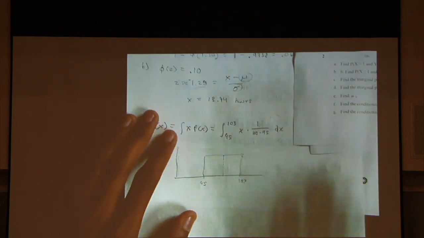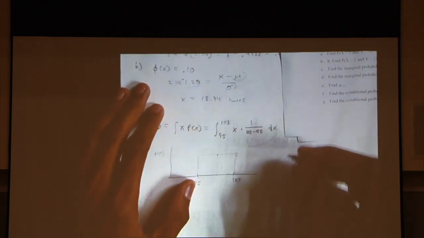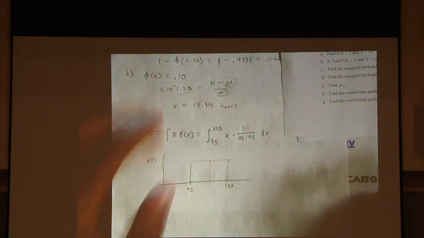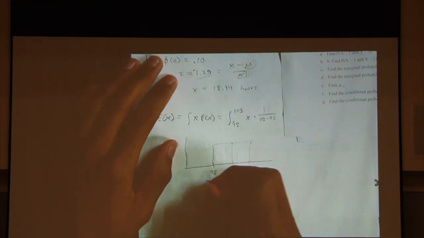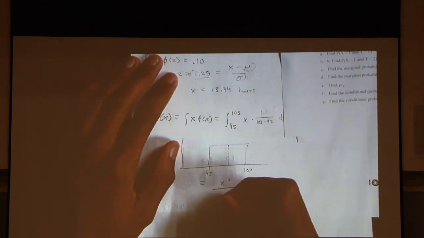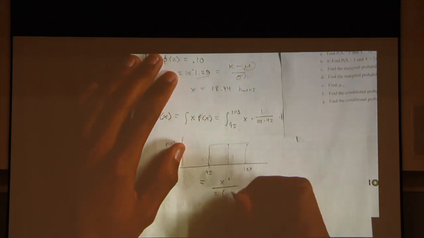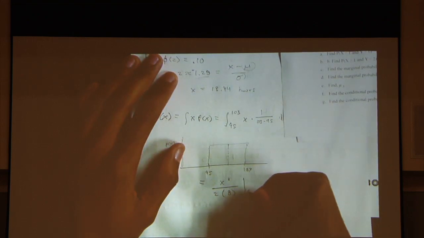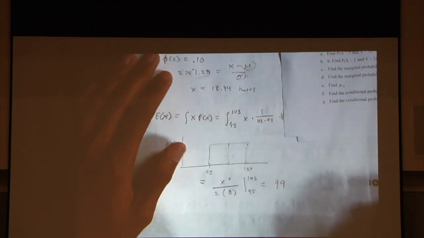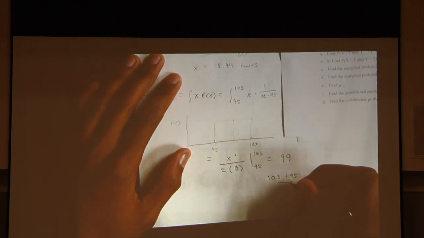I can just add them and divide them. It would be 103 minus 95, so 8, 2 times the 8, evaluated at 103, which magically ends up being 99, which is the 103 plus the 95 divided by 2.